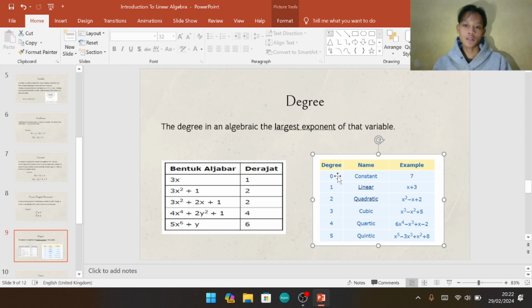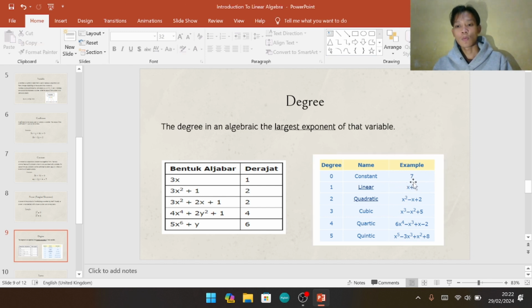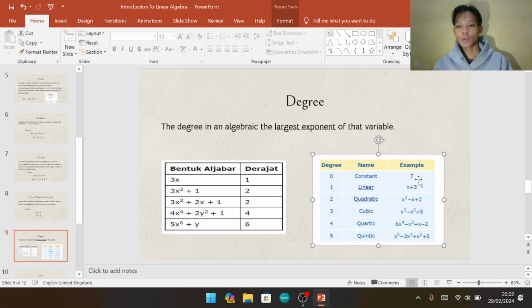Degree 0 is constant, degree 1 is linear, degree 2 is quadratic, degree 3 is cubic, degree 4 is quartic, degree 5 is quintic. Example, this constant has one coefficient, which is a sample.